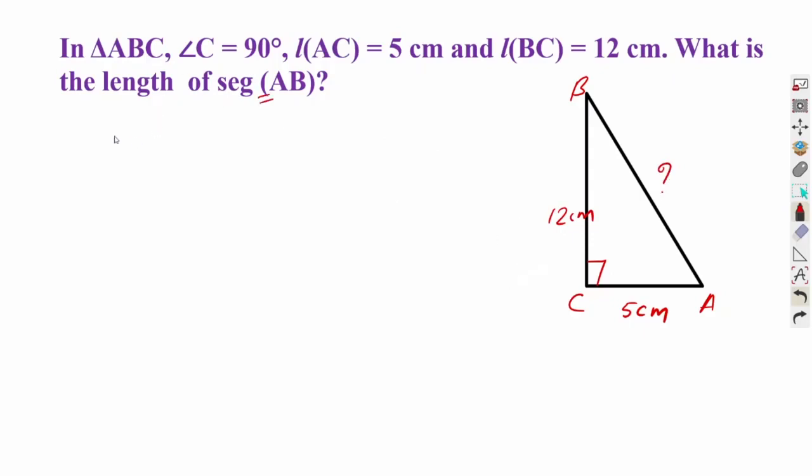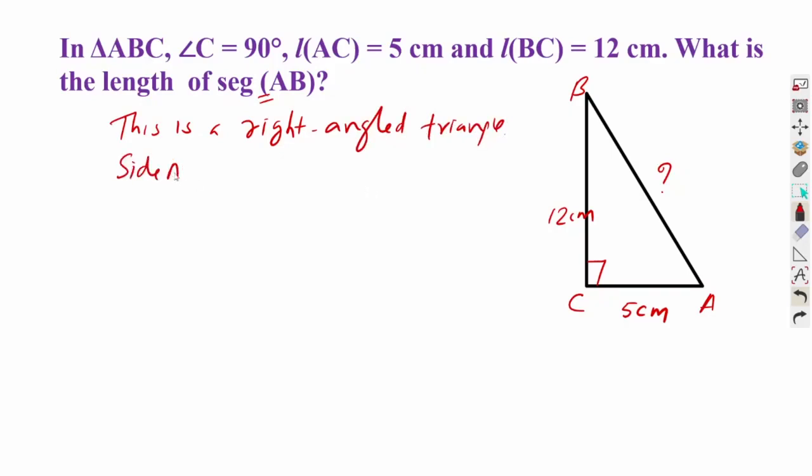We will straight away say that this is a right angled triangle. Then we will say that side AB, which is asked, is the hypotenuse. This is the way of presenting.